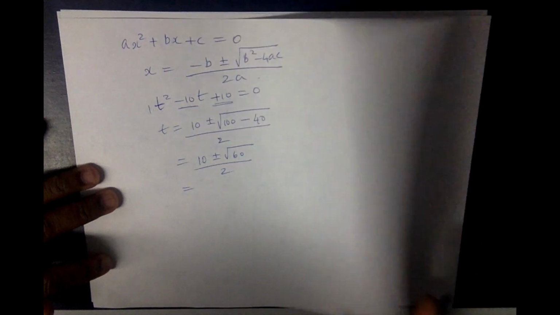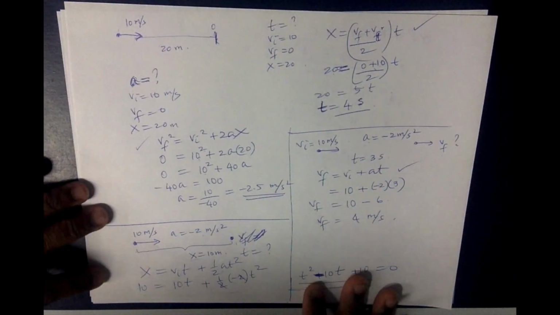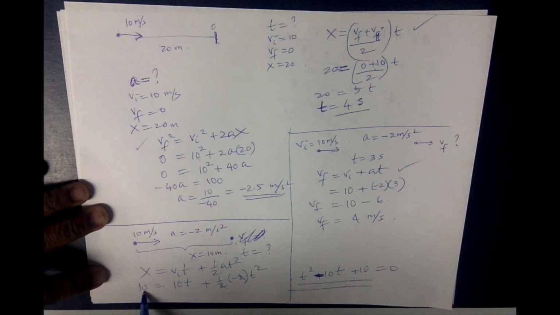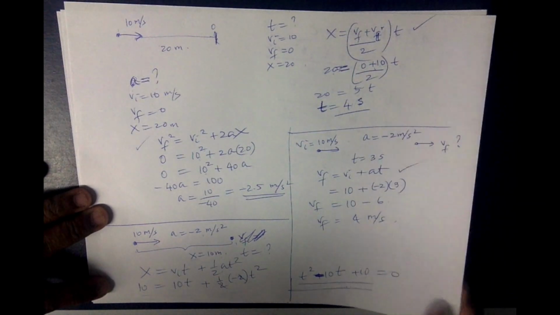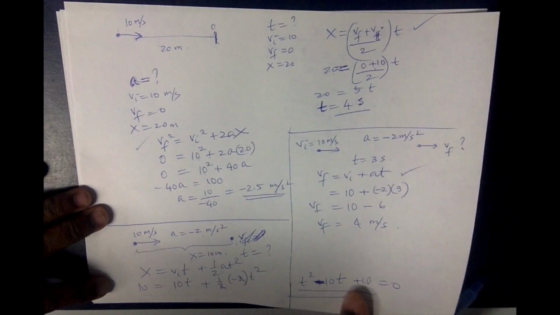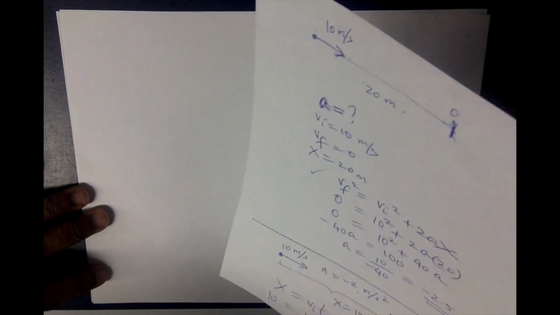Let me go back to this problem here and see why both are possible. Displacement is 10 meters. Initial velocity is 10. Acceleration is negative 2. So there are 2 times when the bus is going to be at the same displacement.